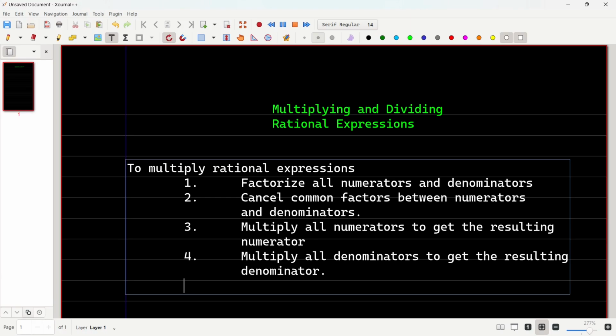All right, once we're finished with that, then we're going to factorize and simplify the result if necessary.